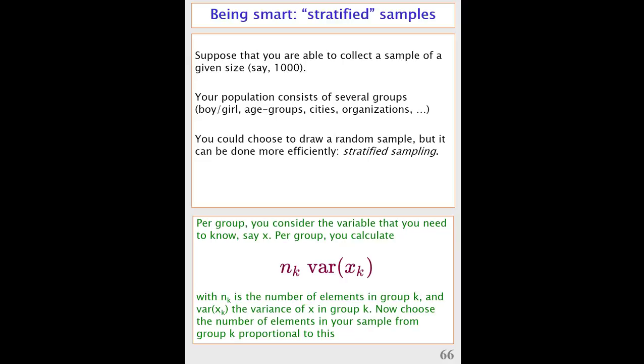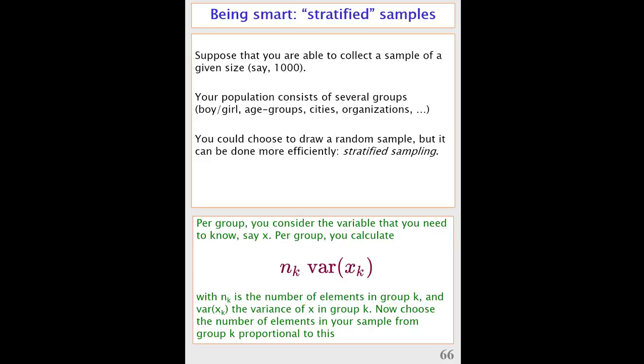So if I have only two groups here, one group, let's say, is equally big as the other one, 10,000 goes one, and 10,000 goes something else. That doesn't help much. You have n and variance. Variance here is 2. Variance here is 20.